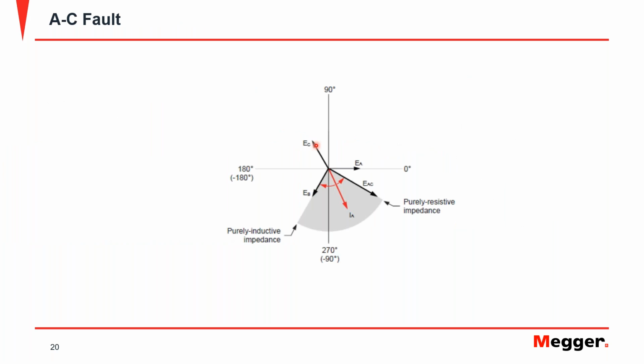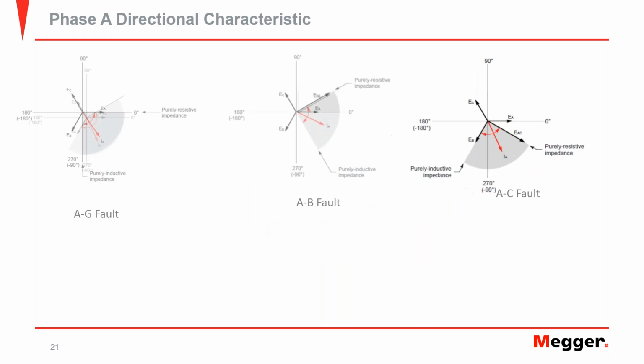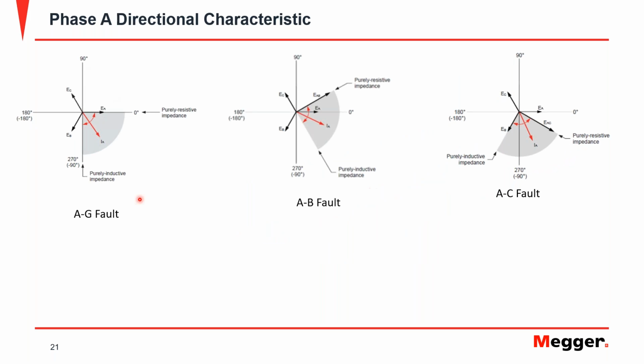For example, we can do the same for a fault between phases A and C. Now, when we put it all together, we can see that for a phase A to ground fault, the current will remain within 90 degrees of the phase A voltage.